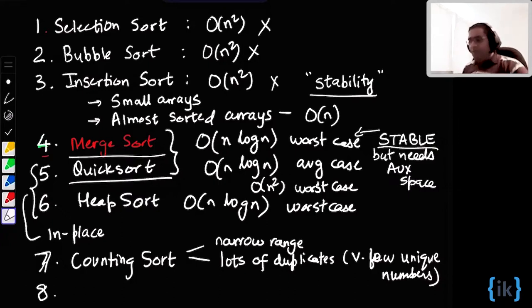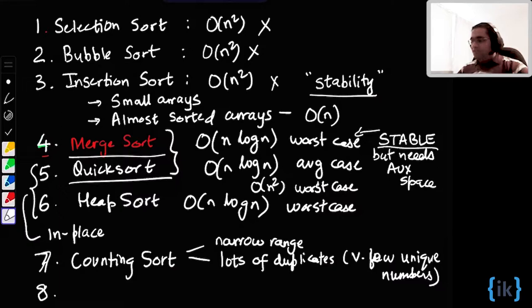So if you have lots of duplicates, very few unique numbers, you might as well just figure out what that set of unique numbers is and with what frequency they occur. That allows you to then directly do the counting and then create the final output based on them.